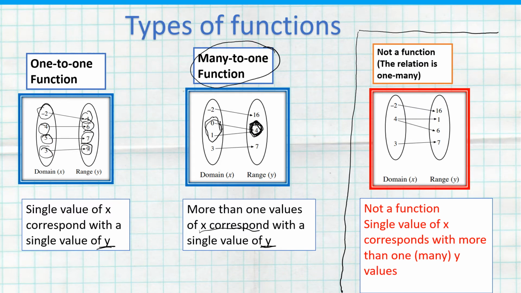For example, a single value of x corresponding with more than one value of y. So this is not a function, right? The relation really, if you check, is one-to-many. All those one-to-many relations will not be a function, because a single value of x is corresponding with more than one value of y. So if it's like that, it's not a function.